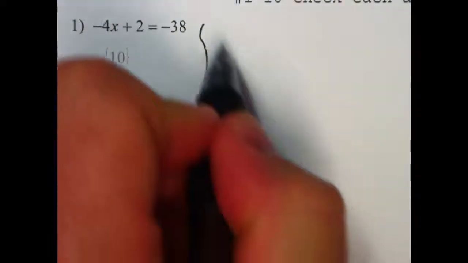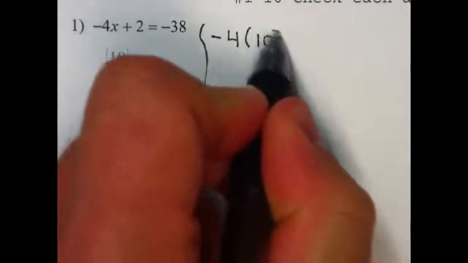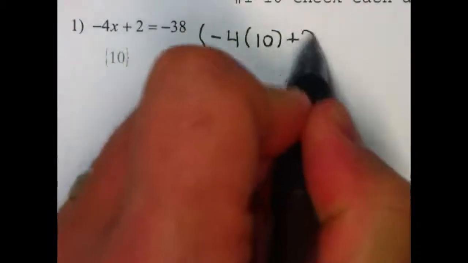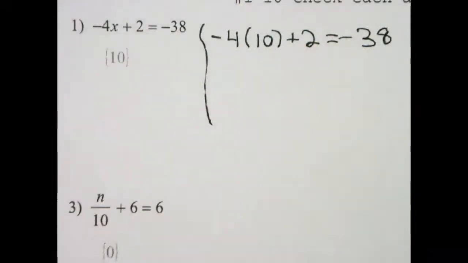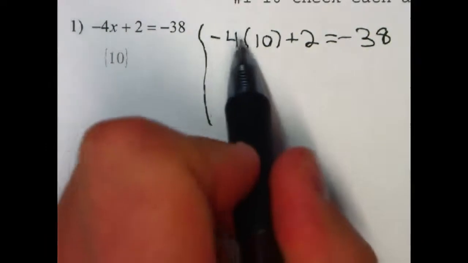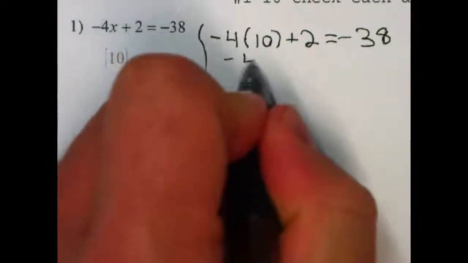So here we go. Do the multiplication first. -4 times 10, -40.